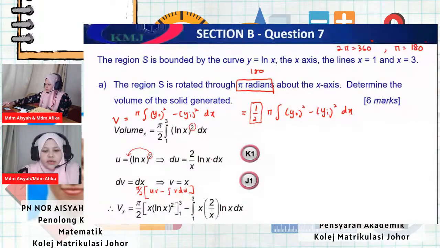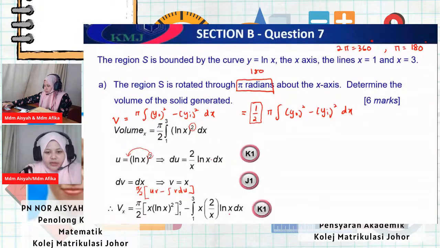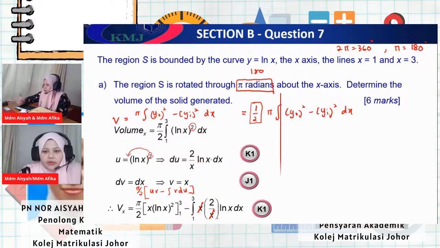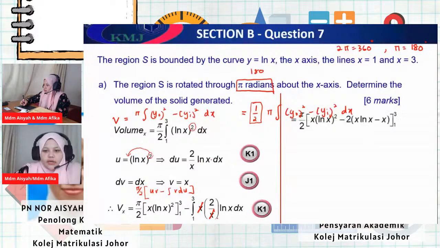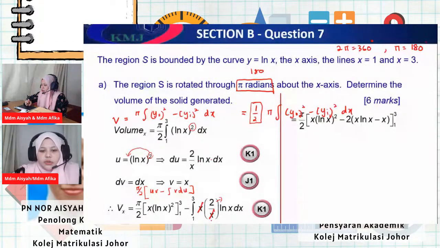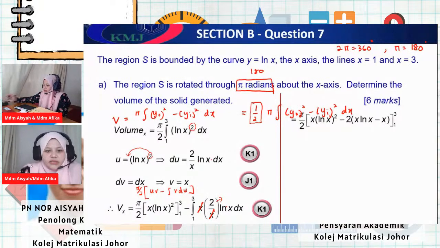So this is what you get. As you can see here, we can cancel out x and x. So we are left with pi over 2 [x (ln x) squared minus integrate 2 ln x dx]. We need to use another by parts here. So integrate ln x, you already got from the previous question, 7a, so we can just substitute here.